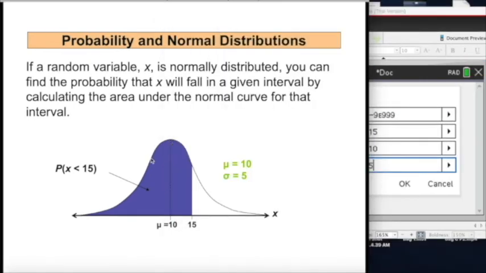A correction to what I said just now, since this part of the curve is heading toward a negative direction, what we need as the lower boundary is a large negative number because it is heading toward infinity. So we need a very large negative number.